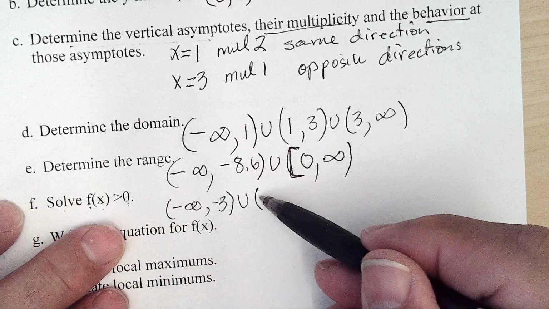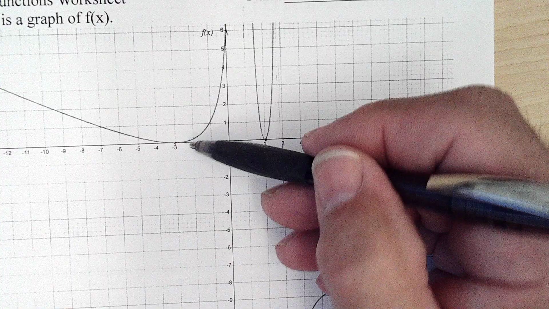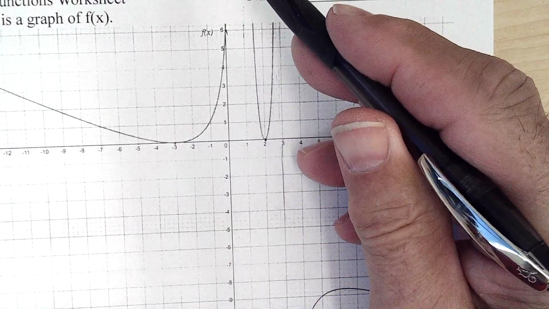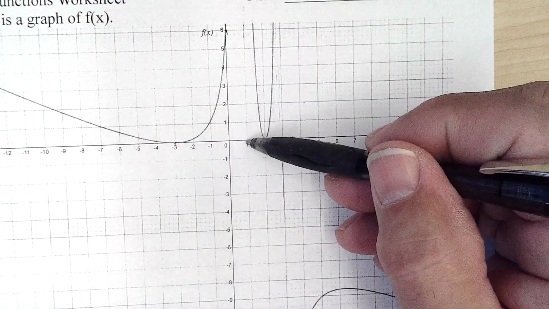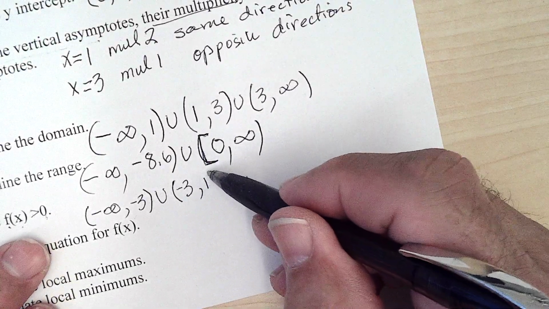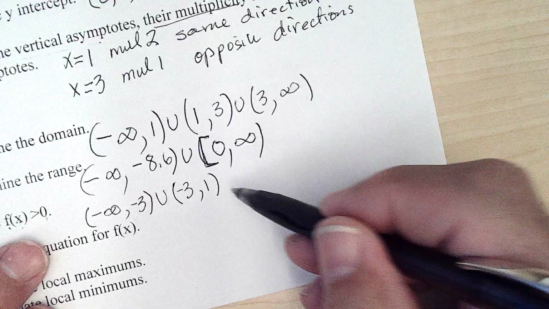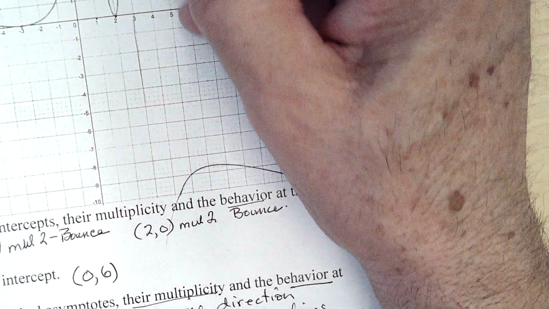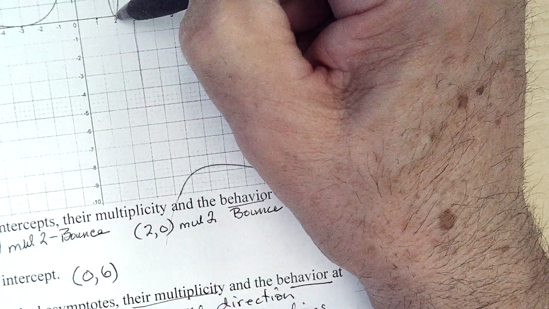Union, after negative 3, it goes back to positive y values until we get to 1 where the graph disappears. So we don't know what it is at 1, union, but just after 1 it's positive till 2.